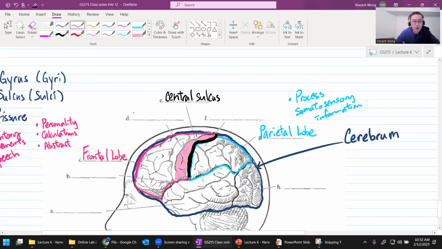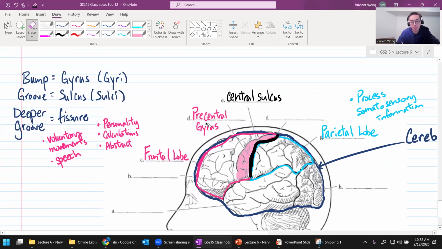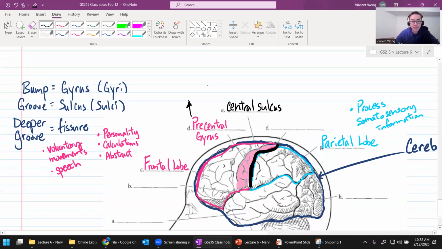This is called the precentral gyrus. Gyrus is a bump, right? A bump. And this bump is in front of the central sulcus. So precentral gyrus. Now, on this precentral gyrus, there is a functional area, right?